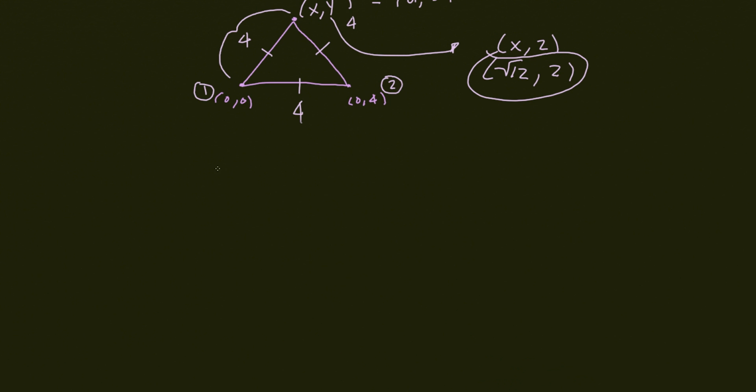But let me show you another way. So another way to approach this is that we have this equilateral triangle, right? And then we know that the distance is 4. So we know that it's 4 on all sides. So it's 4, 4, 4. Okay, but I can do something because I see something.